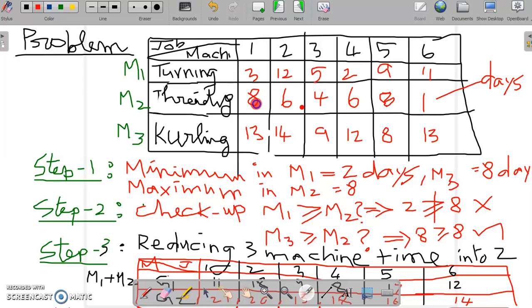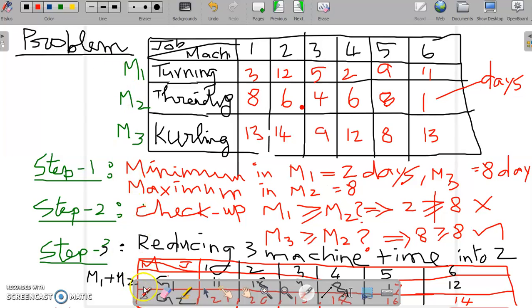So 3 plus 8, 11; 12 plus 6, 18; 5 plus 4, 9; 2 plus 6, 8; 9 plus 8, 17; and 11 plus 1, 12. We are adding the first and second machine processing times.